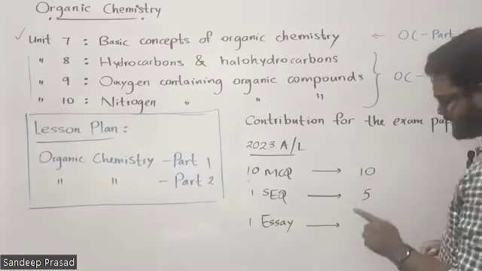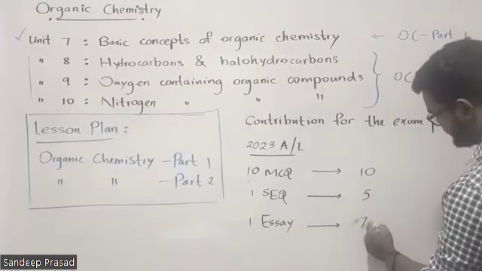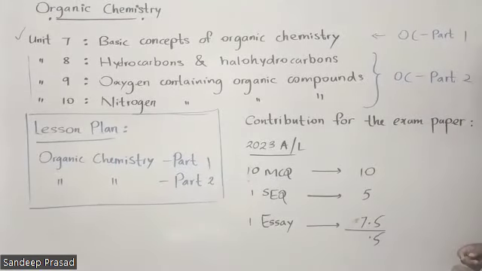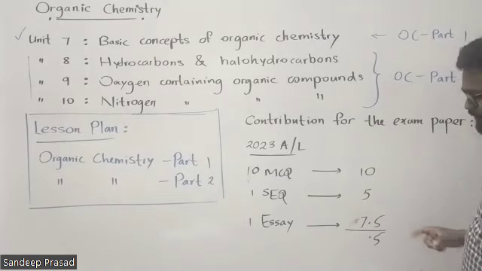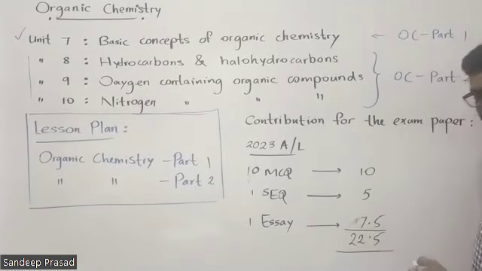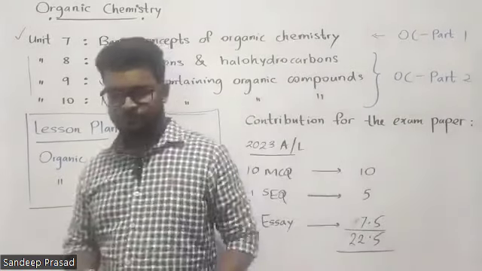That question carries directly 7.5 marks. Then what is the total marks for your result from organic chemistry? 22.5. Look at the scope, 22.5.